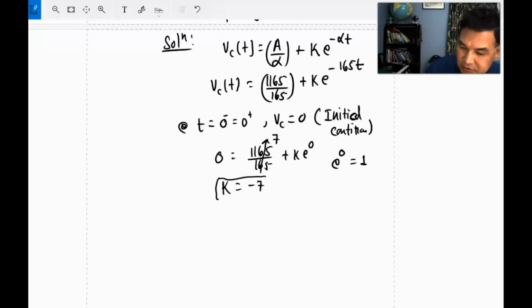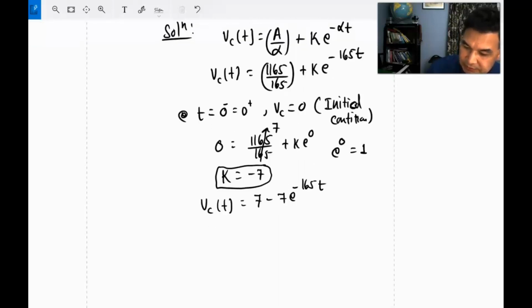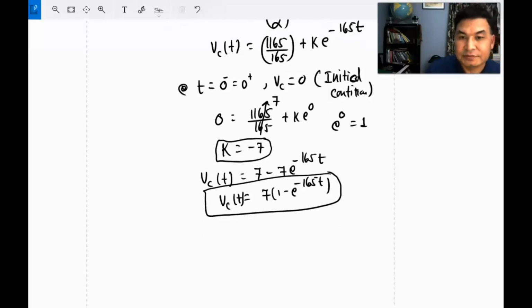That's the unknown constant. Just put it here and you get the general solution. So the voltage across the capacitor as a function of time is 7 times (1 minus e to the minus 165 t). That's your final answer. This is how the voltage across the capacitor changes as a function of time.